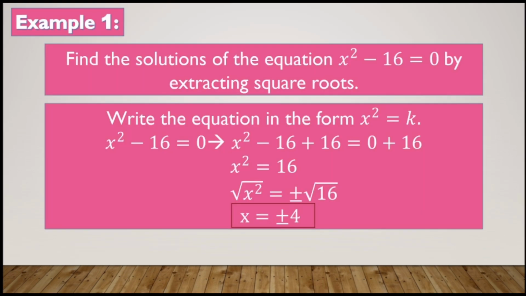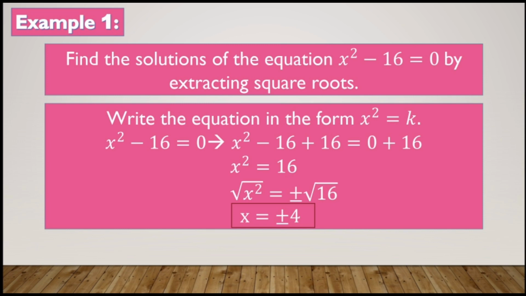Let us take example number 1. Find the solutions of the equation x squared minus 16 is equal to 0 by extracting square roots. The first thing to do is to write the equation in the form x squared is equal to k. In order for us to do that, we have to add the additive inverse of negative 16, which is positive 16, to both sides of the equation.